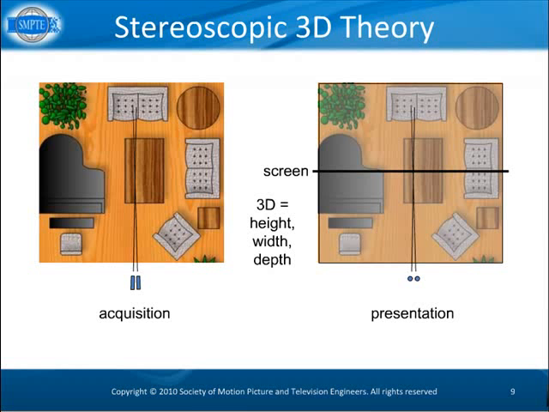That's called orthostereoscopy. Orthostereoscopy is the one particular case where the viewer's eyes happen to match what the cameras are doing. So let's look at what normal 3D has and why orthostereoscopy is very rare and very unlikely to happen.